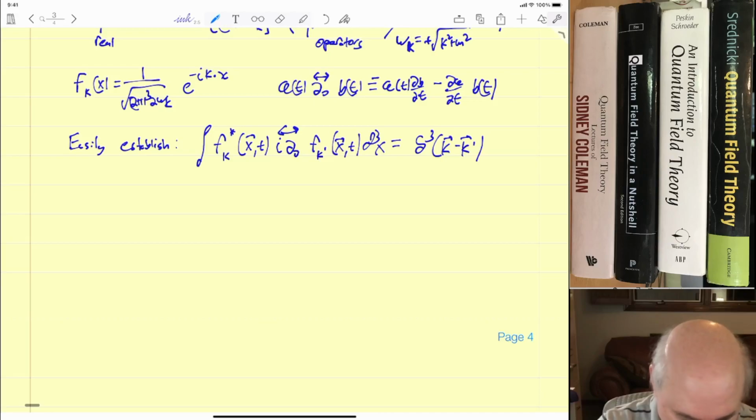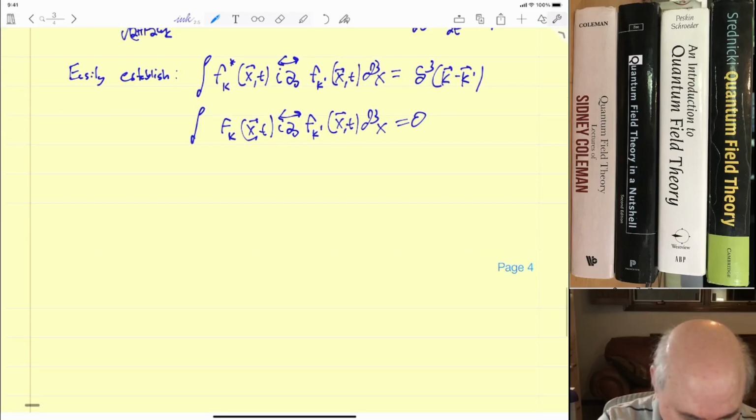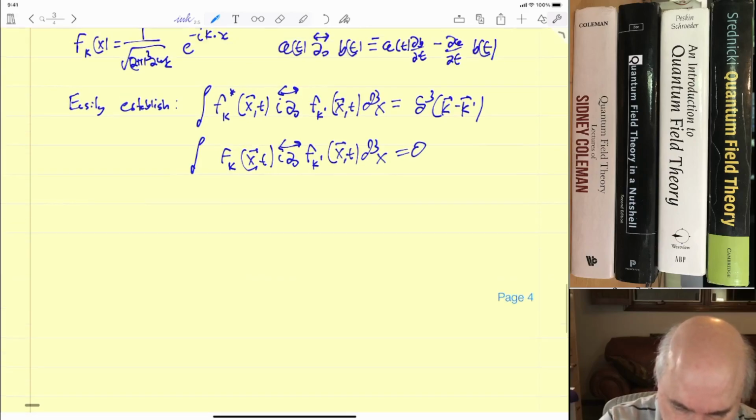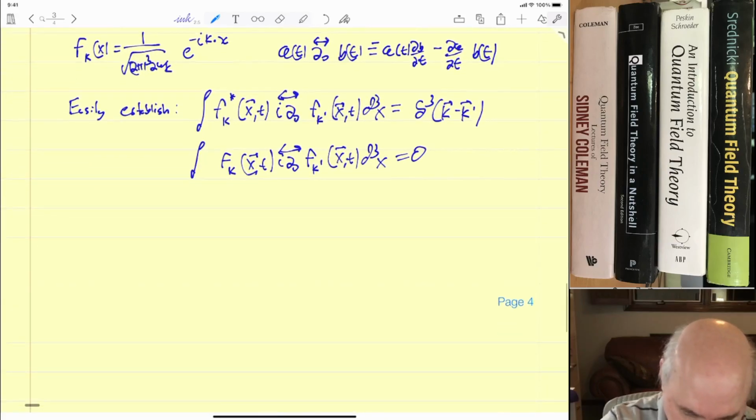And then you can also show that the integral of, using our definition for phi, it's very easy to do the inversion.